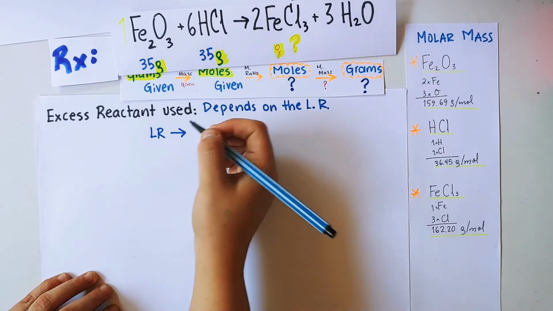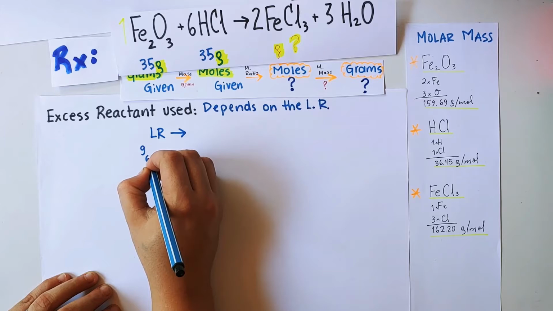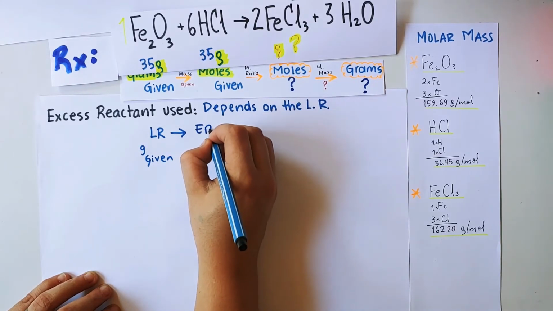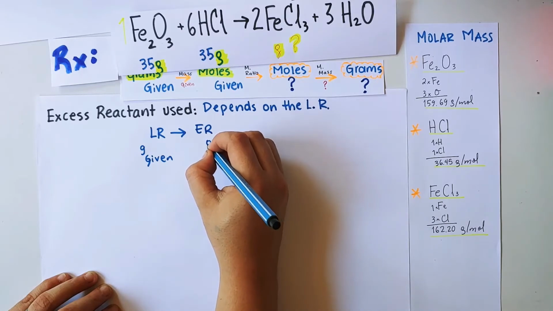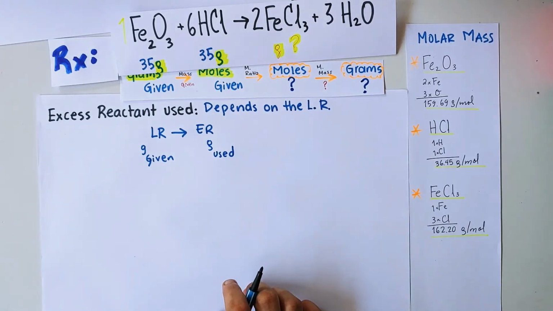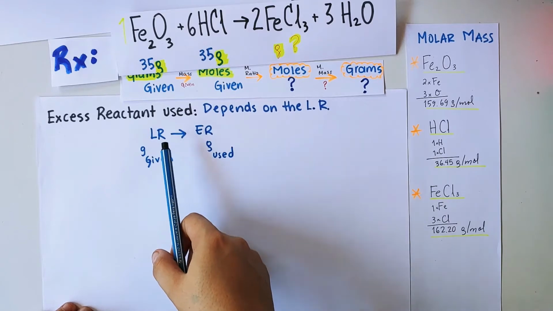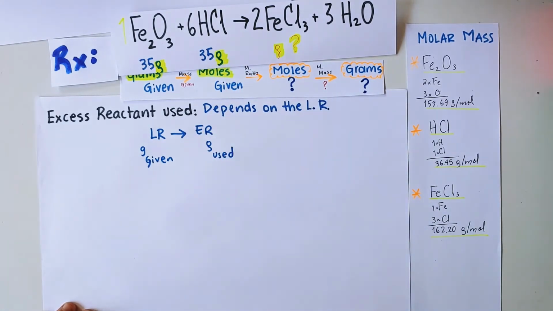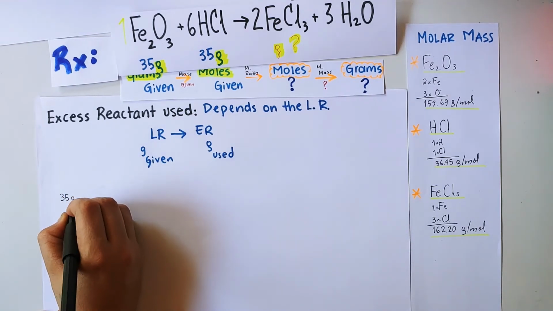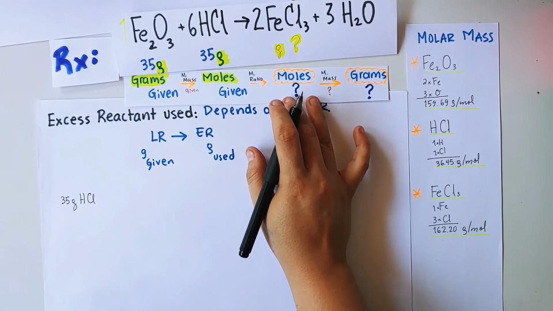From the limiting reactant, grams given, you will have your excess reactant grams used in the reaction. So the limiting reactant is HCl, and the given was 35 grams. So we're going to start from there. 35 grams of HCl. And we're going to follow the path for grams to grams.